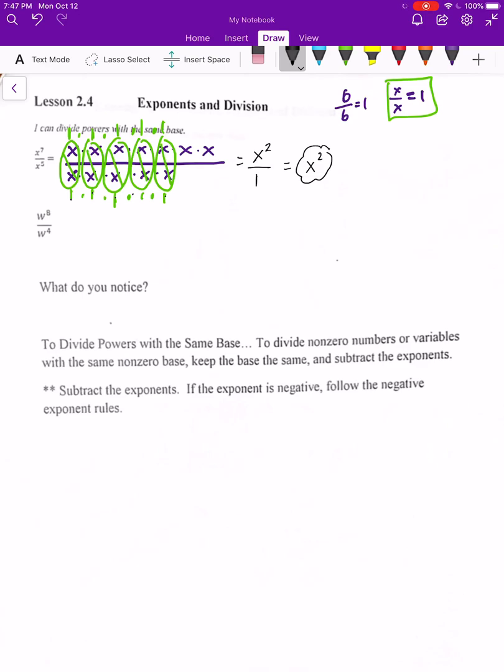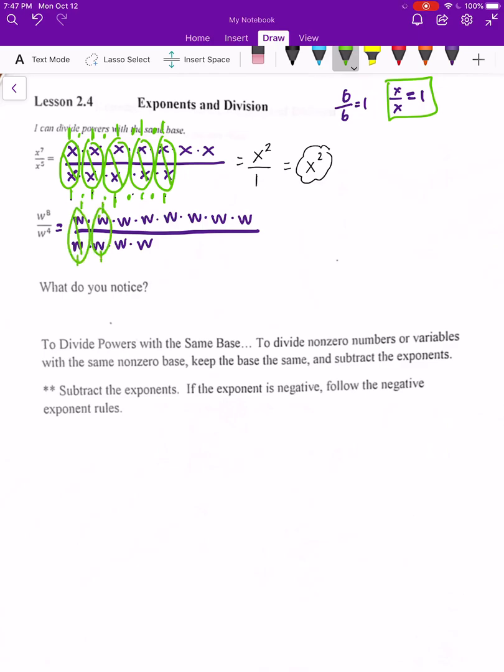Okay, let's do the same thing with this problem down here. So I have a w 8 times: 1, 2, 3, 4, 5, 6, 7, and 8. Over a w 4 times: 1, 2, 3, 4. Okay, so again, cancel. This is a 1 and a 1.